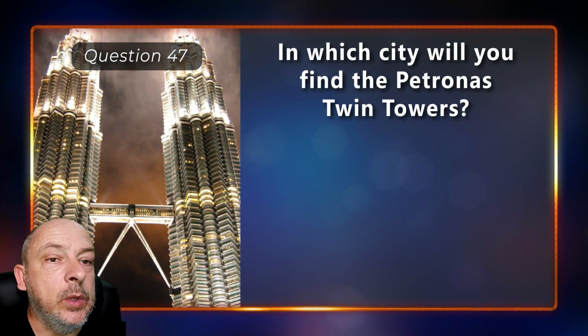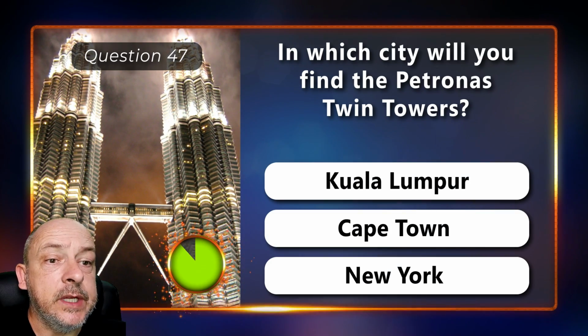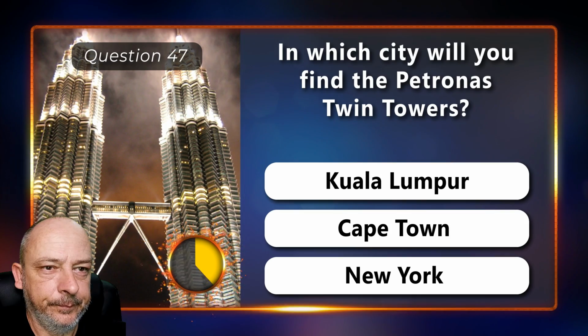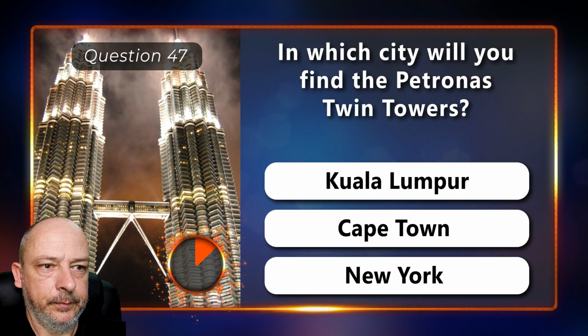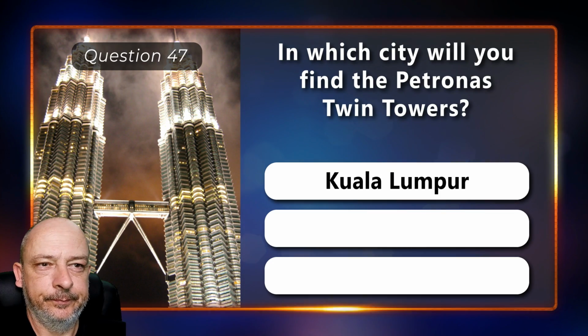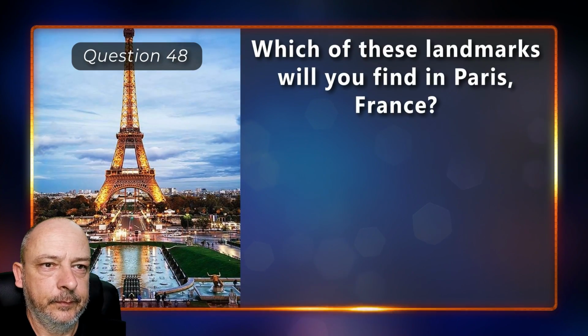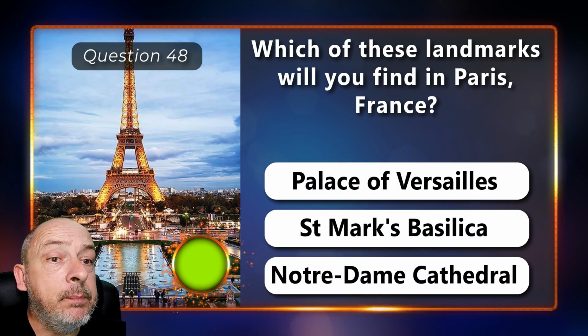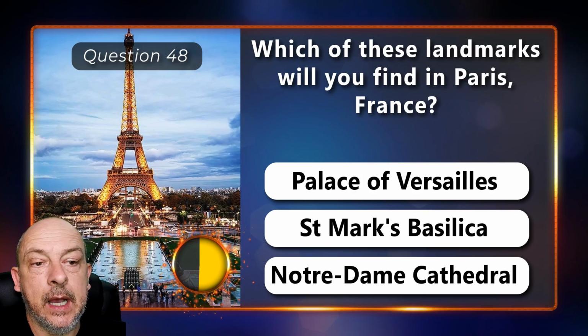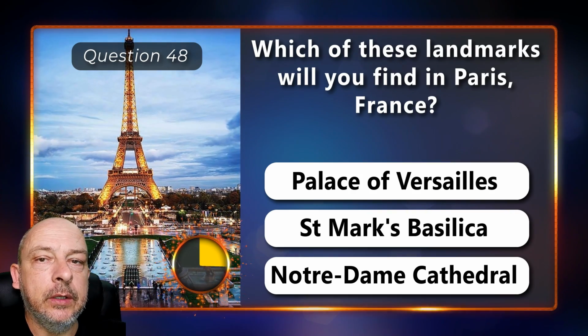In which city will you find the Petronas Twin Towers? In Kuala Lumpur, Cape Town, or New York? In Kuala Lumpur. Which of these landmarks will you find in Paris, France? The Palace of Versailles, St. Mark's Basilica, or the Notre Dame Cathedral?